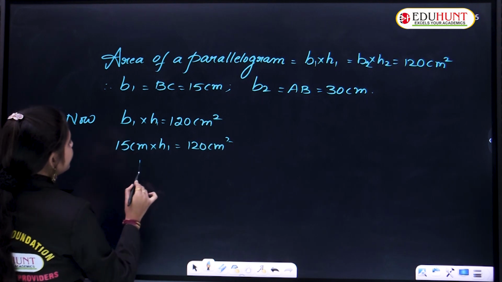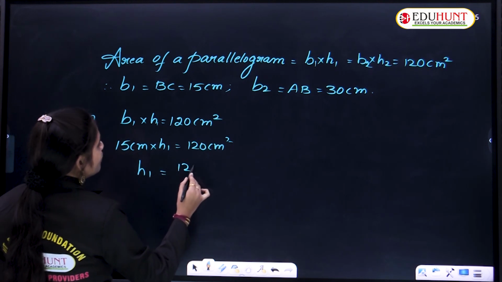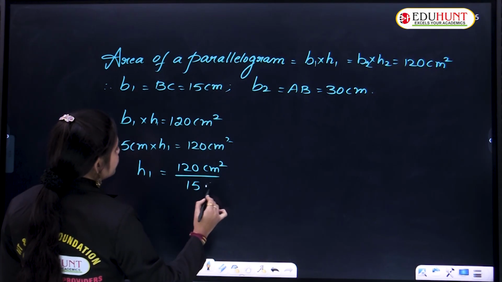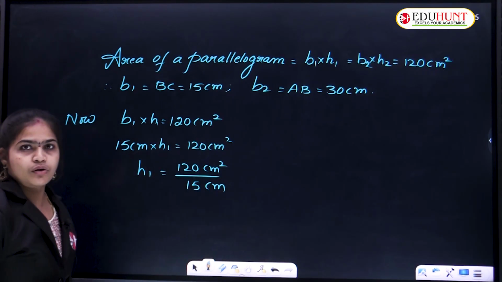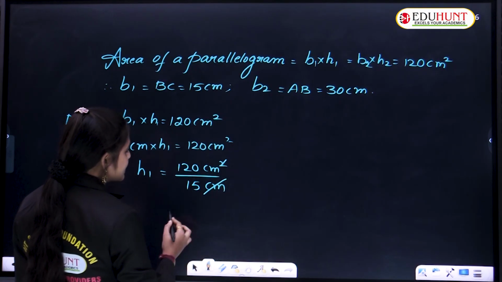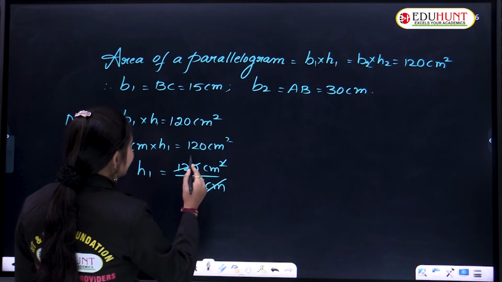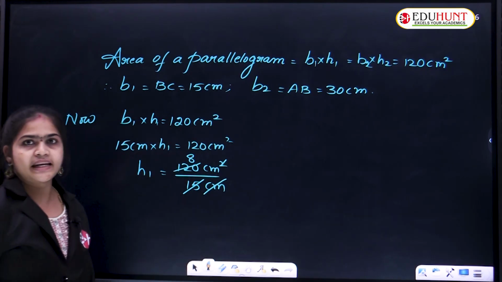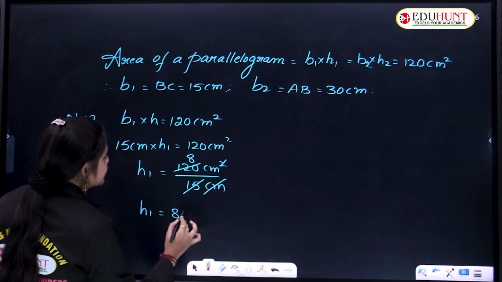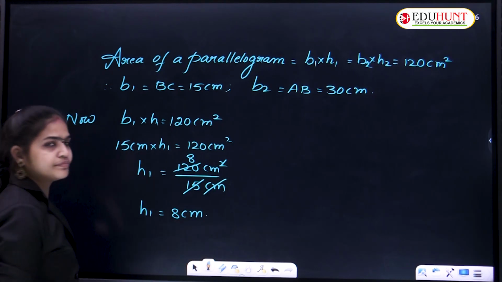As per this, H1 is equal to 120 centimeters square by 15 centimeters. Centimeters get cancelled, and 15 eights are 120. Now H1 is equal to 8 centimeters. Here we got it.